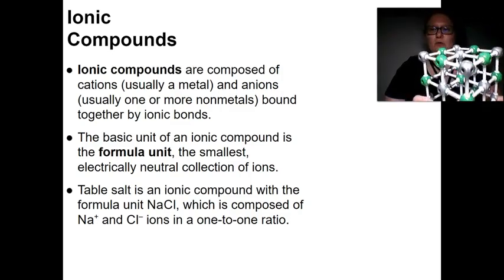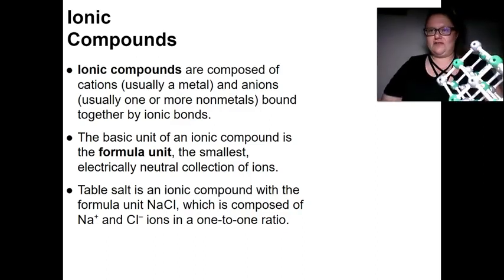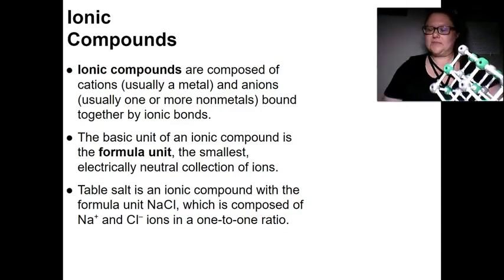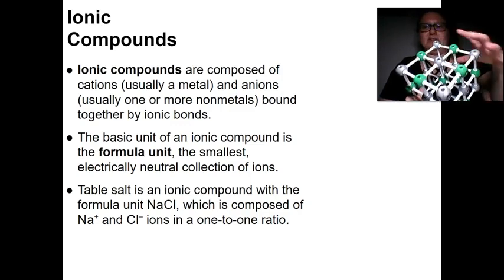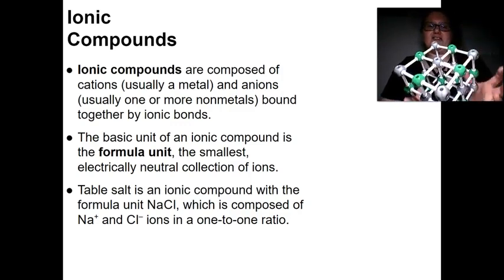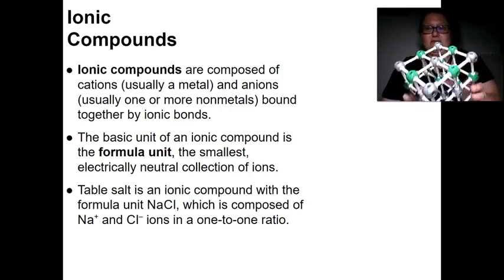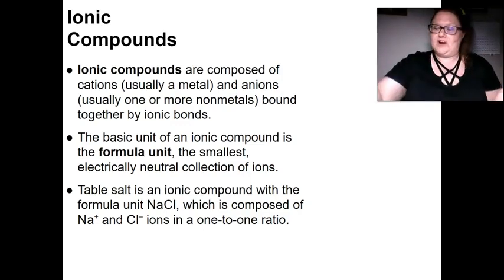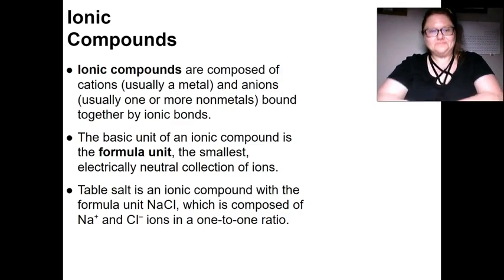We call it a formula unit because, again, a molecule refers to a small piece that exists on its own. This is a formula unit because it will keep building more and more ions coming into this structure and form a crystal as long as those ions are available and in that area. So because it can be whatever size, we call it a formula unit, not a molecule.